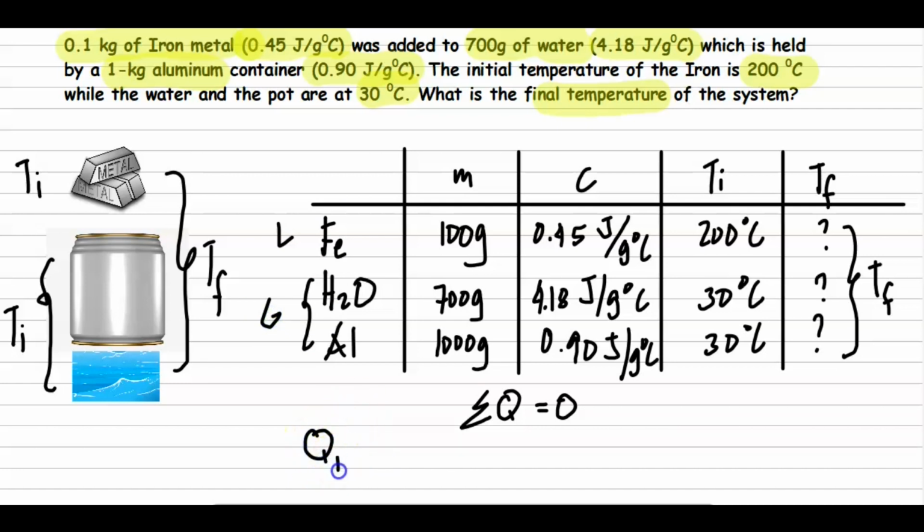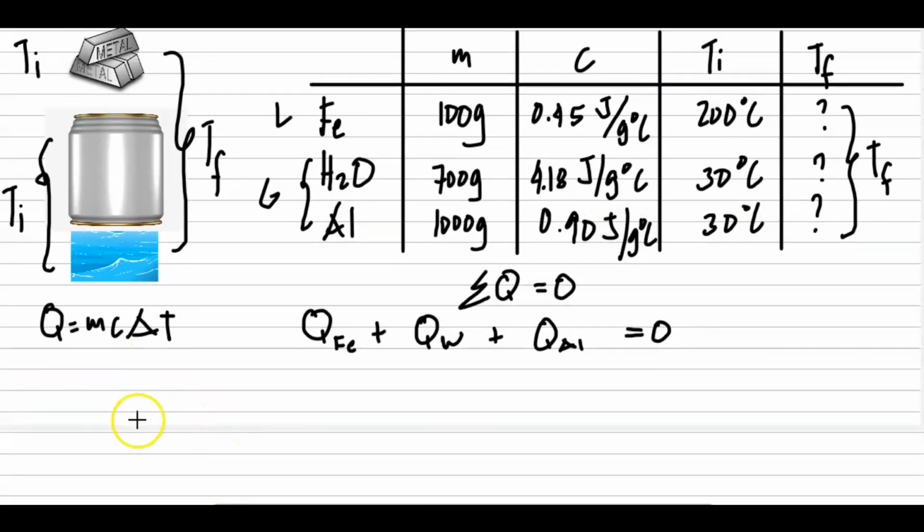As usual, all of this thermal energy will be equal to 0. So, the heat lost by iron plus the heat gained by water plus the heat gained by aluminum is equal to 0. We'll be using the specific heat formula as usual.